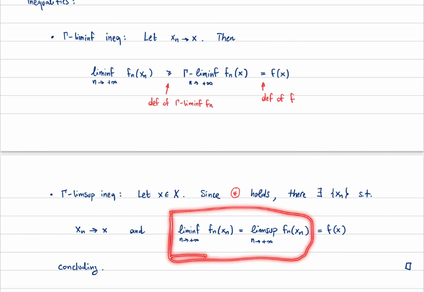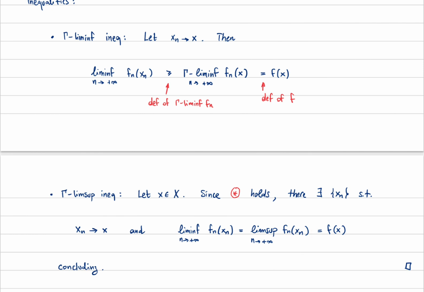So the lim inf is equal to the lim sup, and they are equal to the gamma lim inf and the gamma lim sup, and so they are equal to f by definition. So this shows that you can find a recovery sequence such that the lim sup is equal to f of x, and this concludes the proof of the reverse implication.